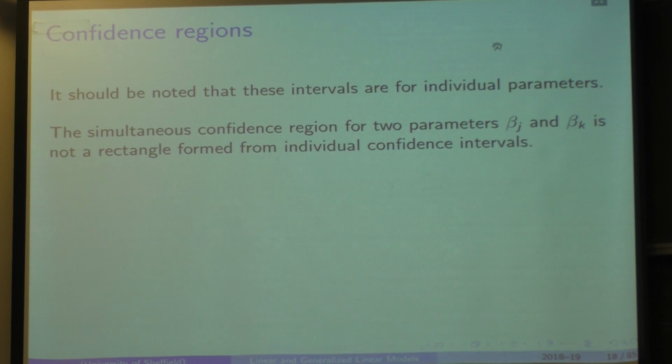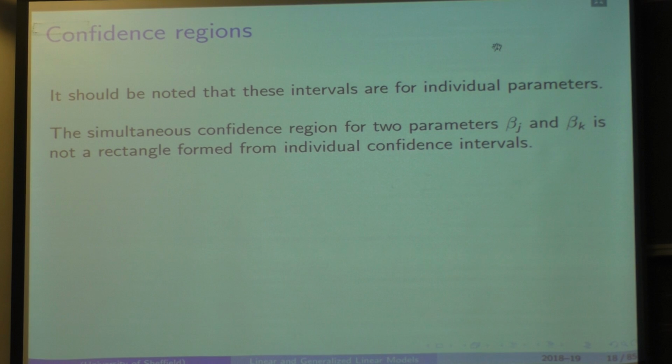However, if you want to think about a simultaneous confidence region for the two parameters, you shouldn't think of it as being a rectangle, so just given by the two original confidence intervals for the two parameters.